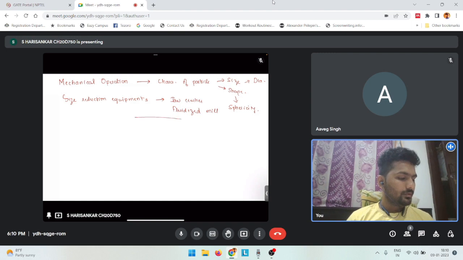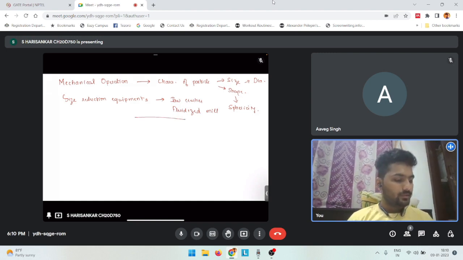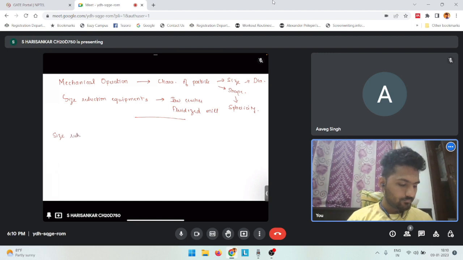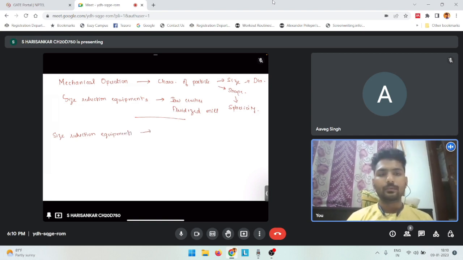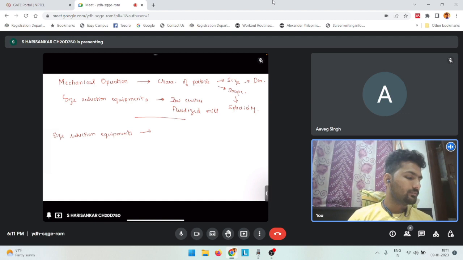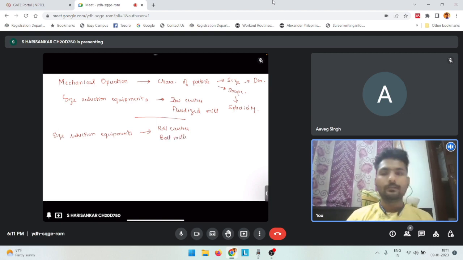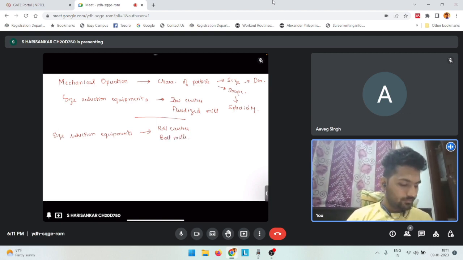Today we'll continue with these size reduction equipments. We'll learn a few specific things with regards to the roll crusher, ball mills, and so on. And we'll also look into the size reduction laws.